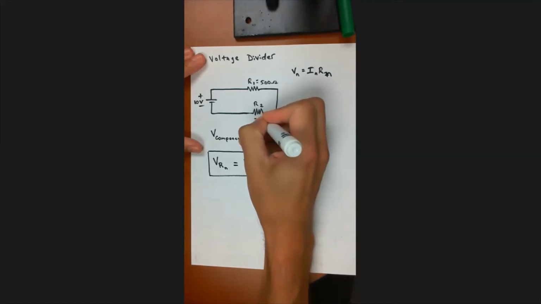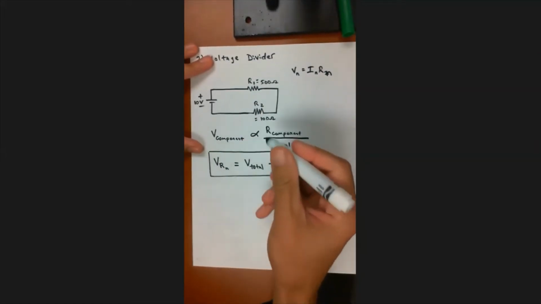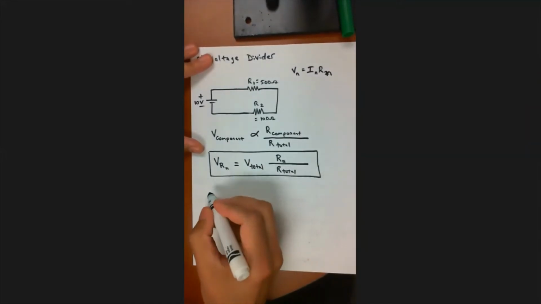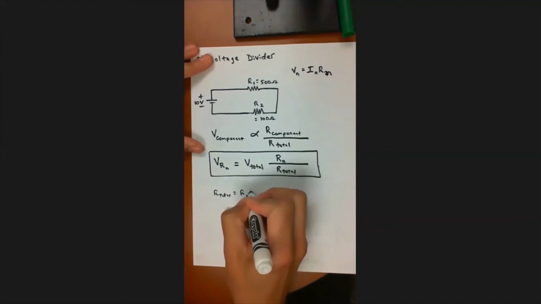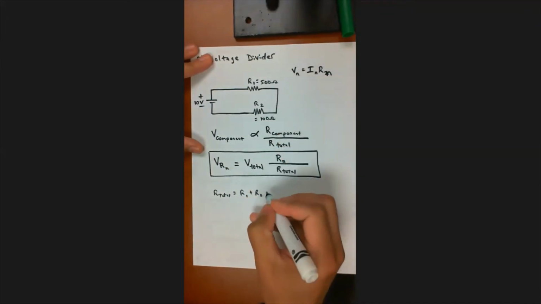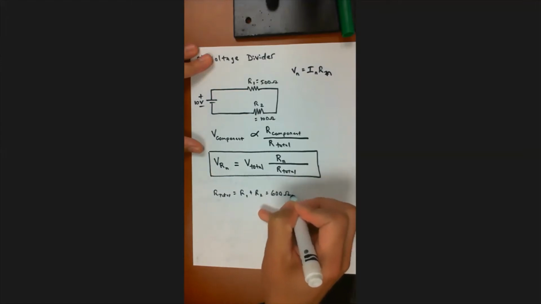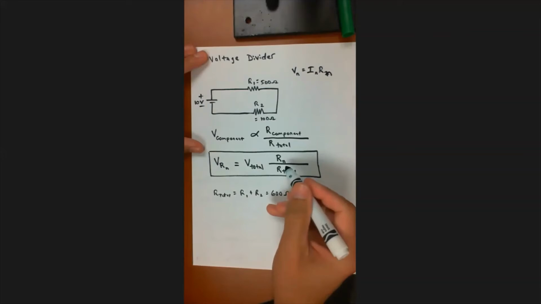We'll make them pretty different, so it's obvious what's going on. First we need to know R total. They're in series, so R total equals R1 plus R2. 500 ohms plus 100 ohms is 600 ohms. That's all the work I have to do before plugging into this equation.